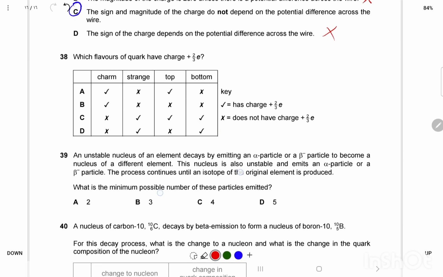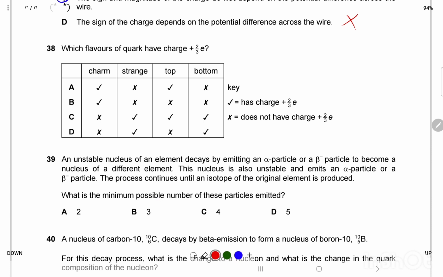Question 38. Which flavors of quarks have a charge of positive 2 over 3 E? Okay, we know here the charges of quarks. How many quarks do we have? We have 6 quarks. We have charm, top, bottom, up, down, and strange.